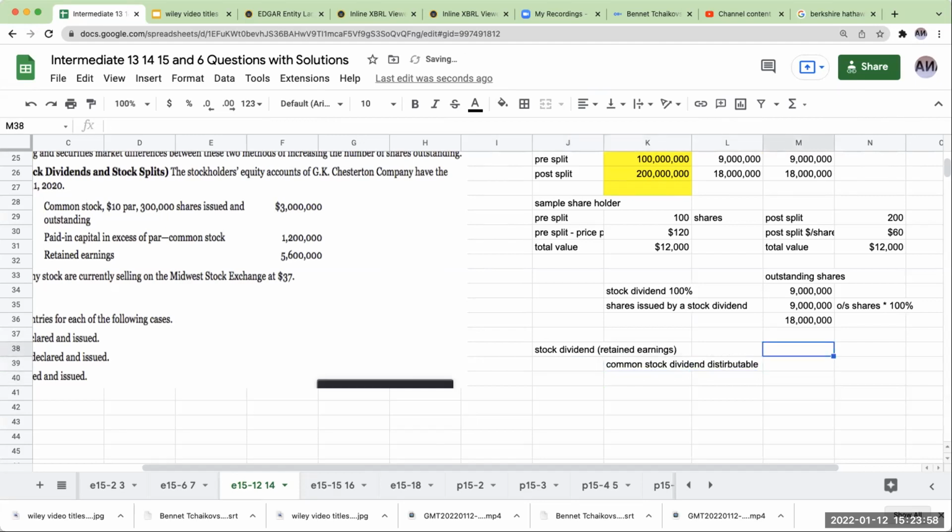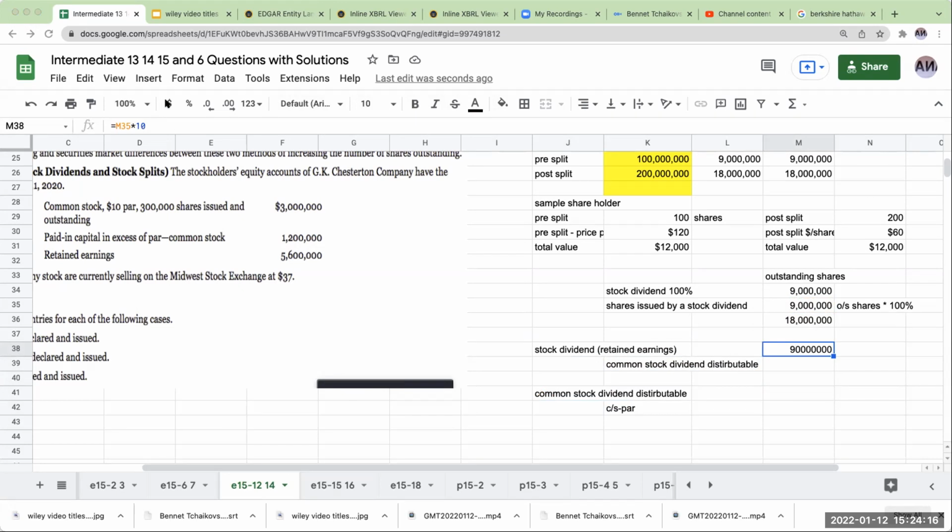Then once I distribute it, I'm going to be crediting common stock at par. So this is going to be 9 million times the par value per share, or $90 million.